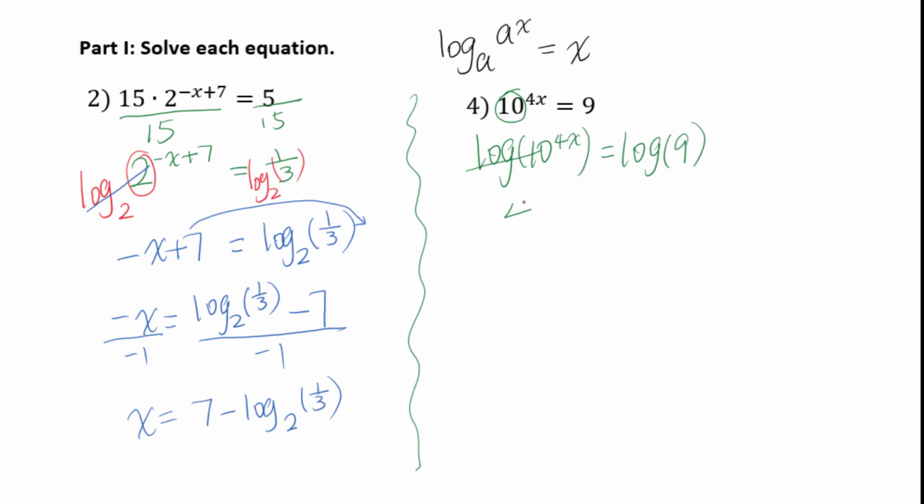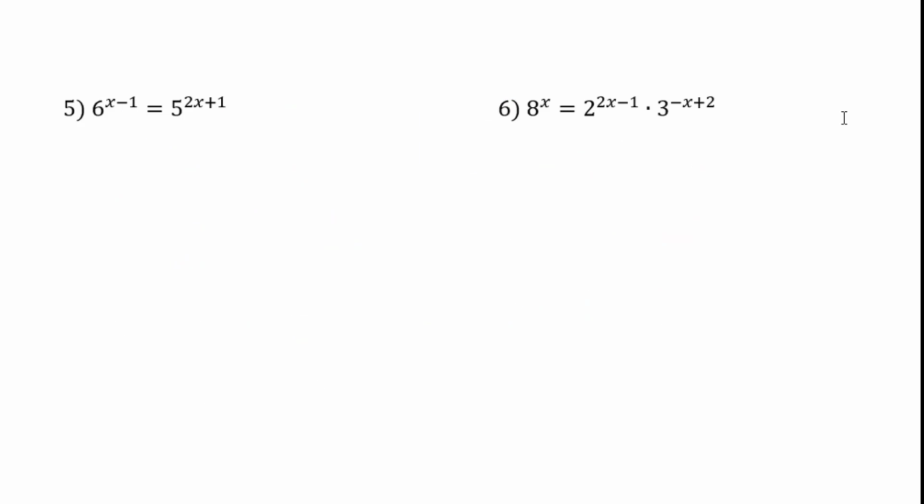Here we will get 4x equals common log of 9. Divide by 4 on both sides. x equals 1 over 4 common log of 9. Let's go to number 5.